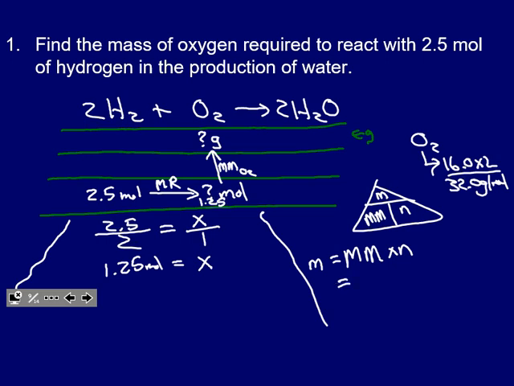I've determined the molar mass, 32.0 grams per mole times how many moles? 1.25. What mass of oxygen is required? It's 40. Let's put a 0.0 on there because of 3 significant digits. And let's put an O2 because that's what we solved for.